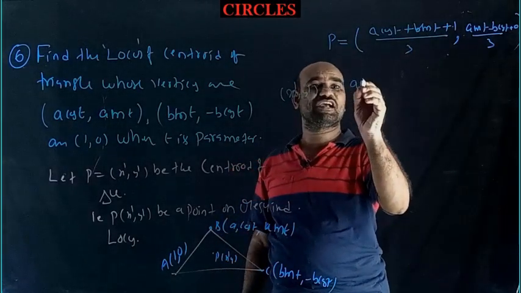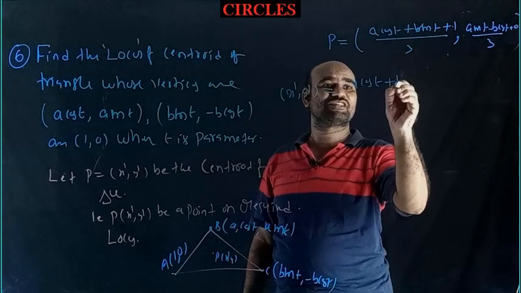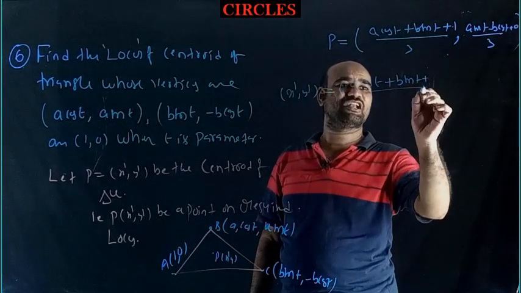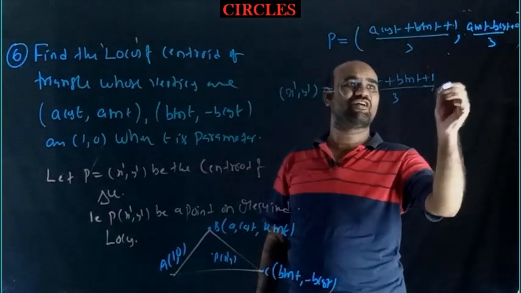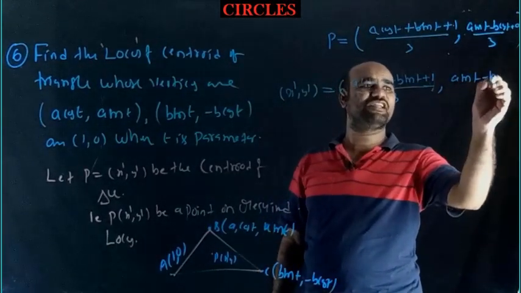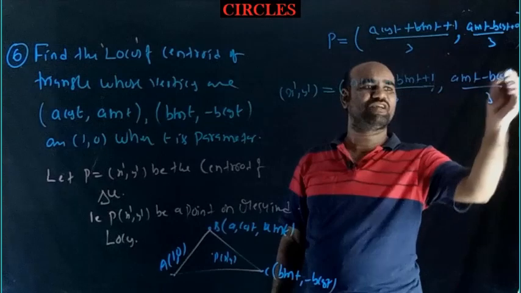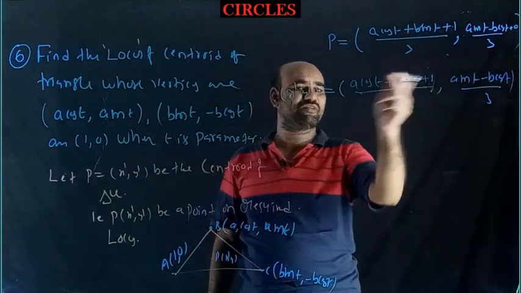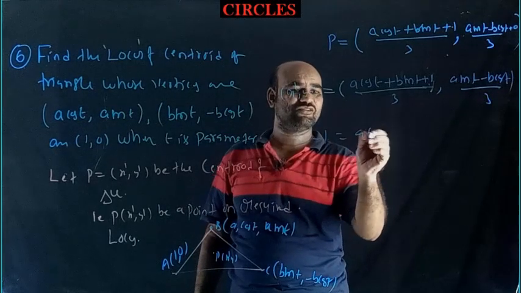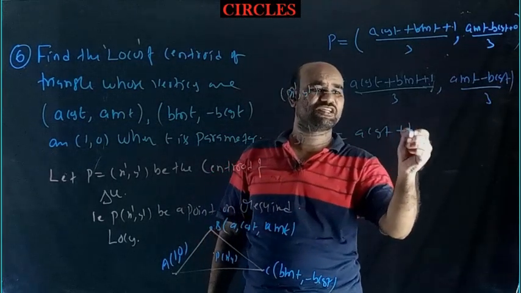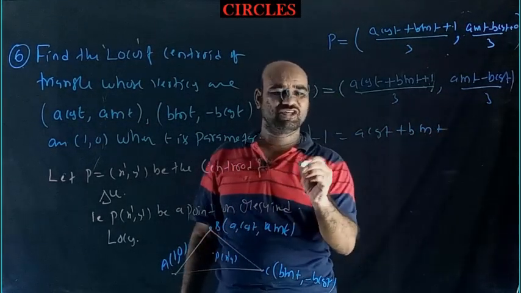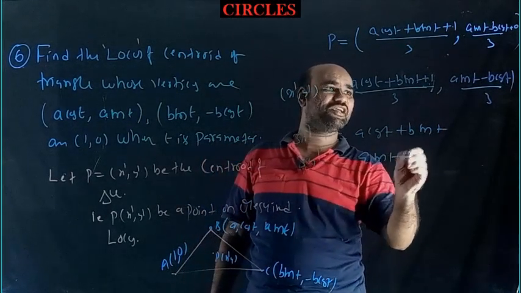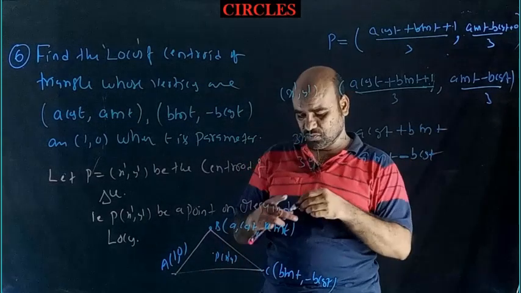So here (a cos t + b sin t + 1)/3 comma (a sin t - b cos t)/3. Comparing, 3x' - 1 equals a cos t + b sin t, and 3y' equals a sin t - b cos t.